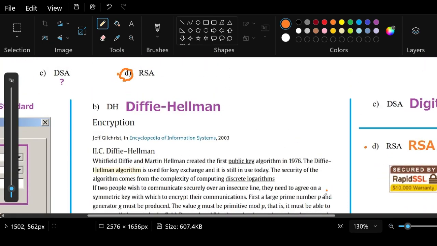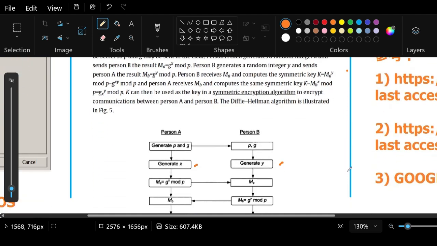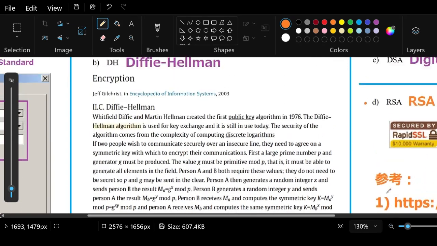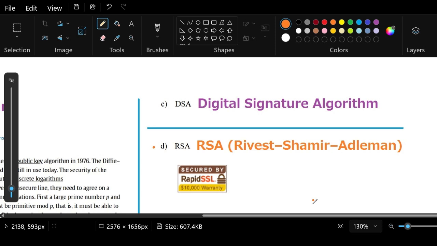Now, regarding DSA, which is choice number C, it says here that it's supposed to mean digital signature algorithm. So, I think that the signature is supposed to tell us who owns what.